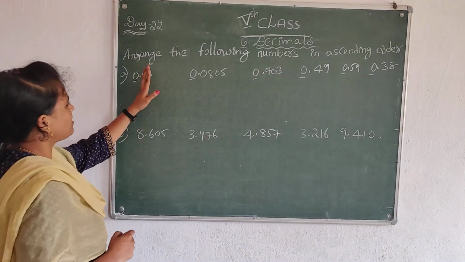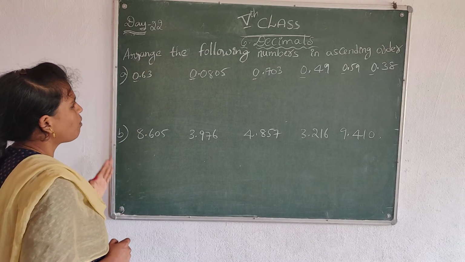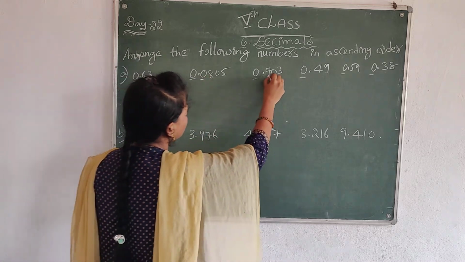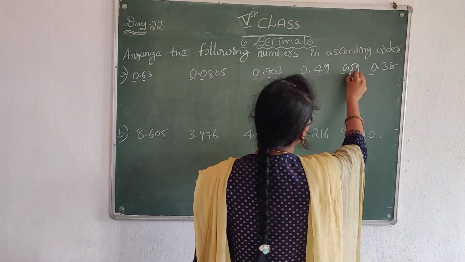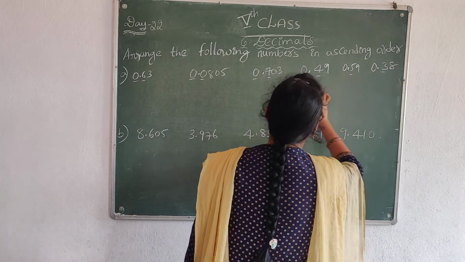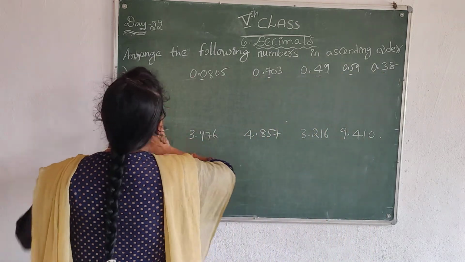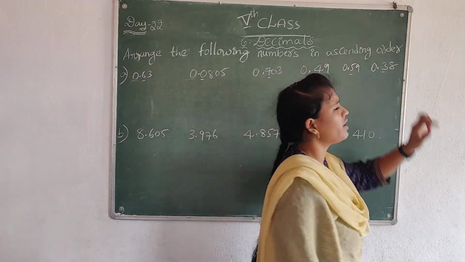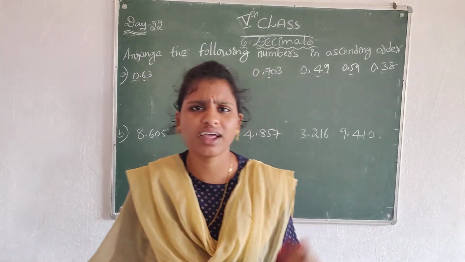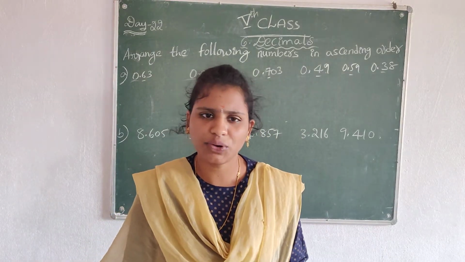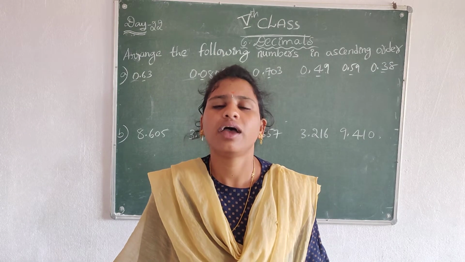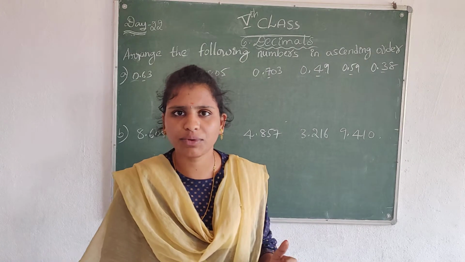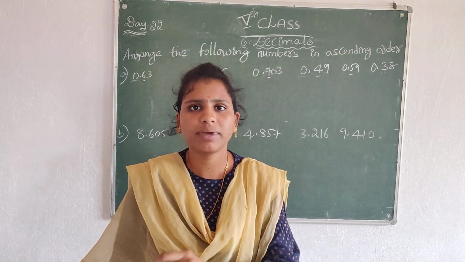Okay, let's see the decimal values first digit. What is the digit? 6, here 0, here 7, here 4, here 5, here 3. And you must remember what he is asking: arrange the following numbers in ascending order. Do you know how to write in ascending order? Yes, small number to big number. So here also you write down small number to big number.